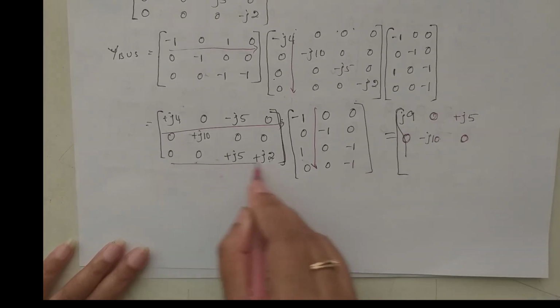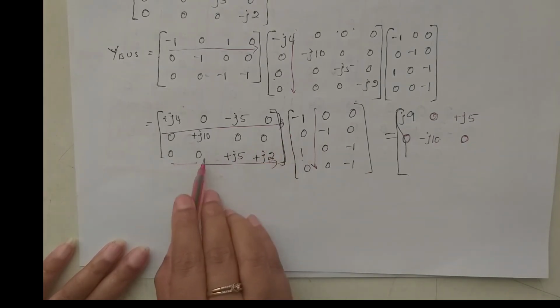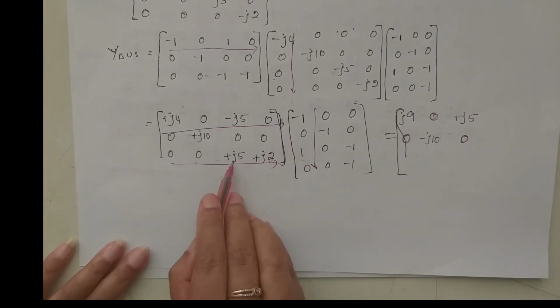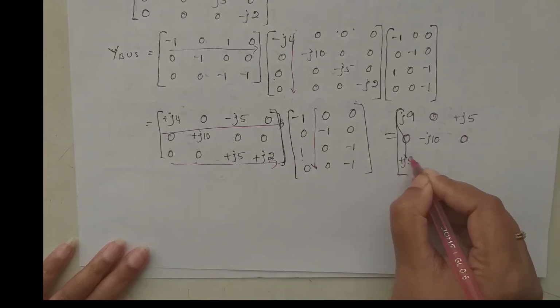Third row with the first column, plus j5 into 1, it is plus j5.